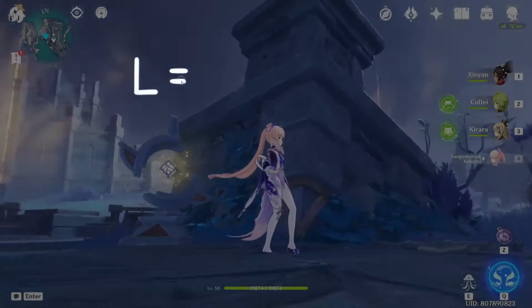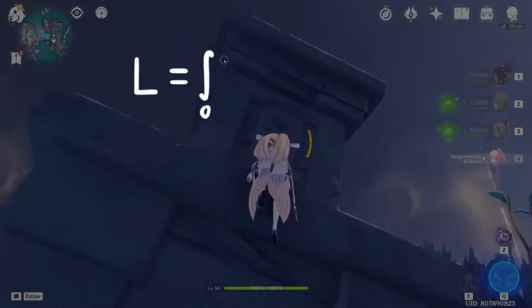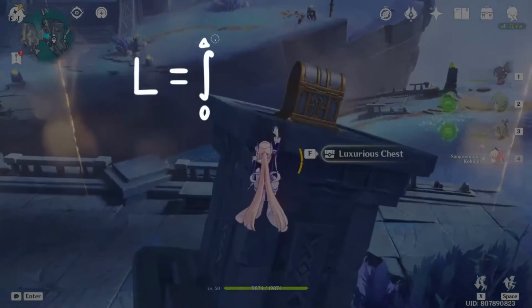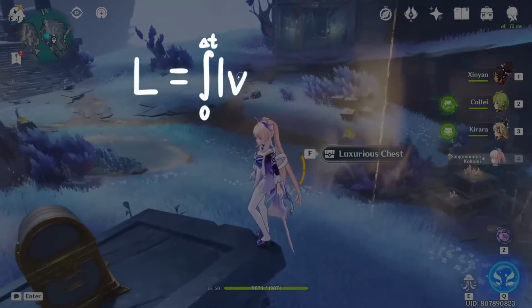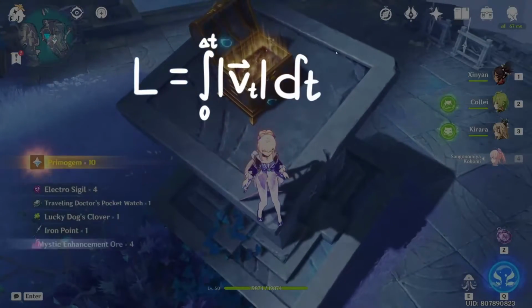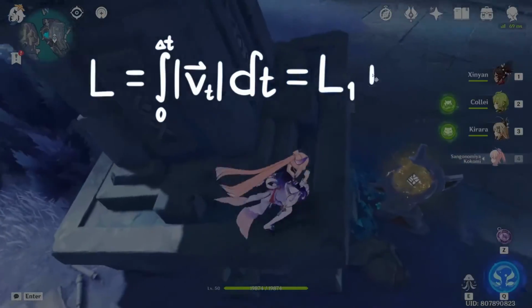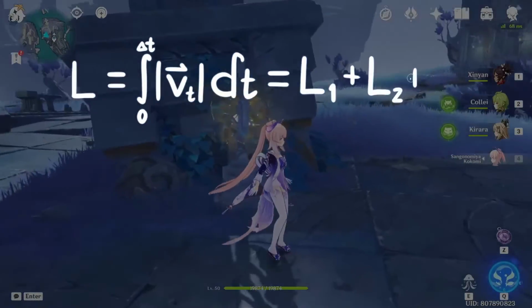We have to integrate over all time periods to calculate the total distance traveled. By properties of the integral, we can actually split up the integration into 3 different sums by just changing the upper and lower bounds for the integrals. This means that L is equal to L1 plus L2 plus L3.